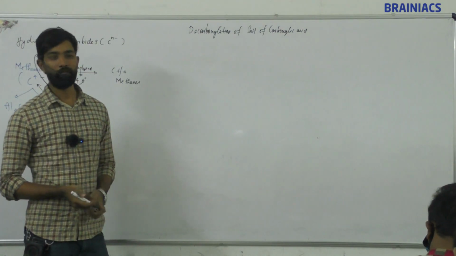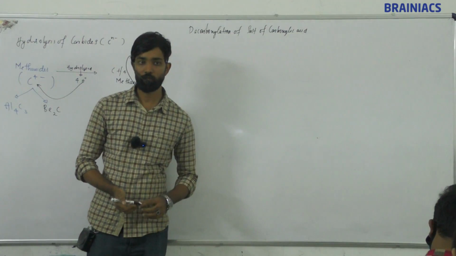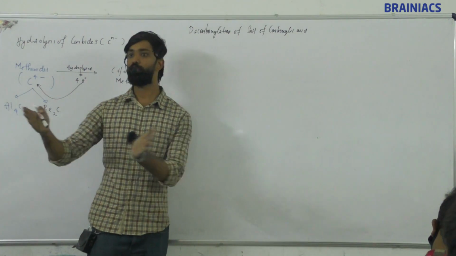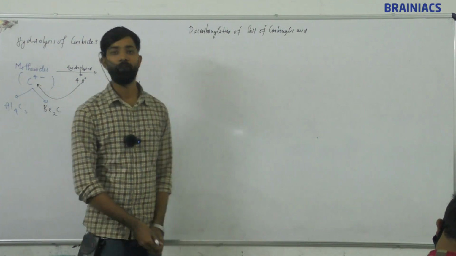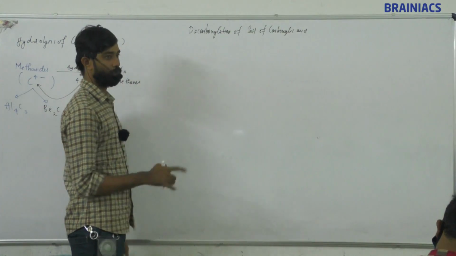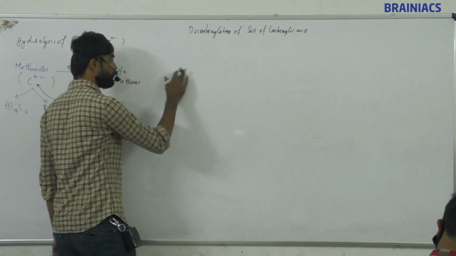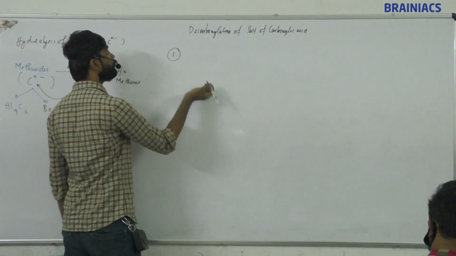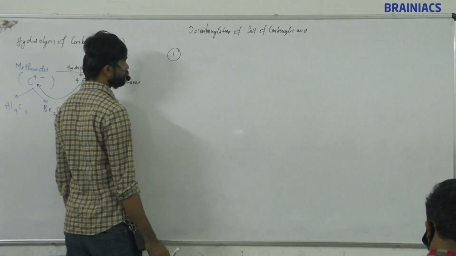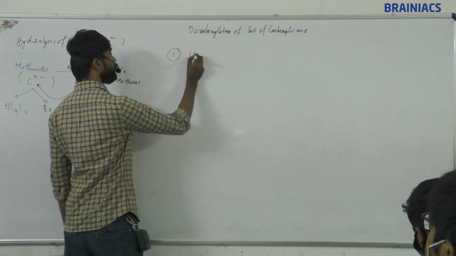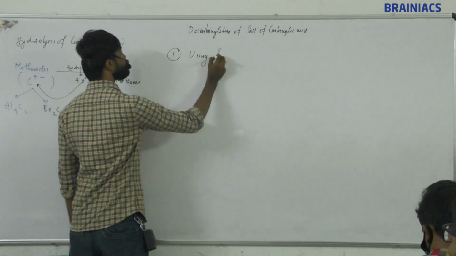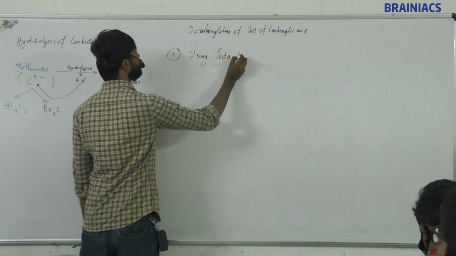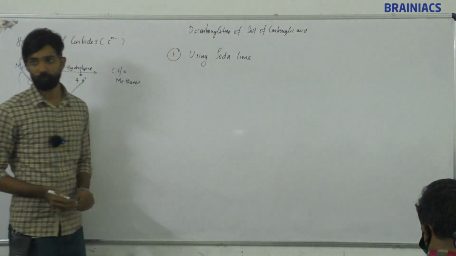Decarboxylation means removal of CO2 or COO. There are actually two types of decarboxylation, which are given in your hydrocarbons chapter. You can bring about the decarboxylation using soda lime. Soda lime is a mixture.